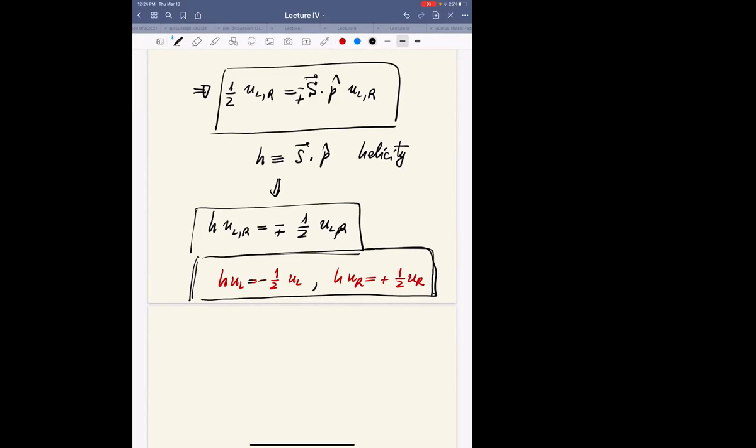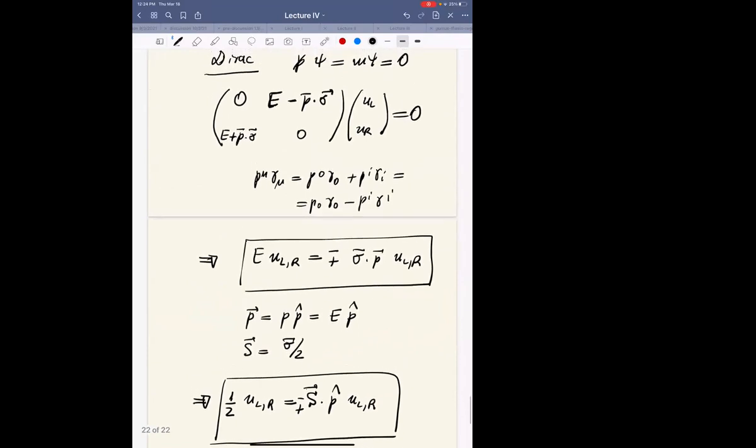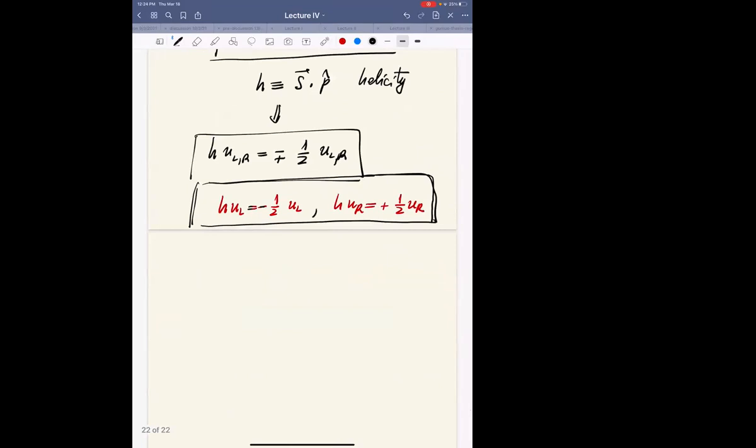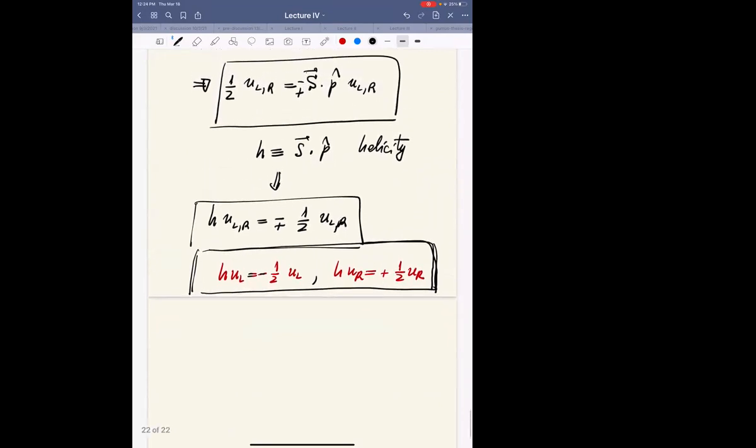It doesn't matter whether L is 1 plus minus gamma 5. Gamma 5 is defined up to a sign. But once you made your convention, it has to agree with this. This is what everybody is using, okay? From now on, your left-handed spinor must have helicity minus a half. That you cannot change anymore. You have the right to change your conventions for gamma matrices and so on, gamma 5, but you cannot change this. You have to be consistent with yourself.